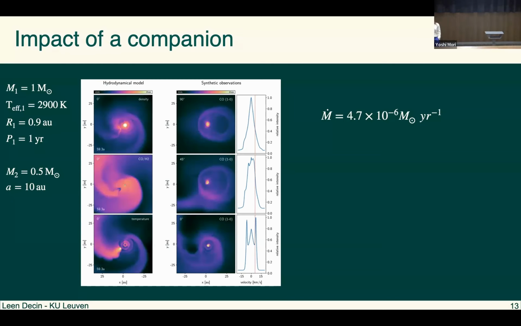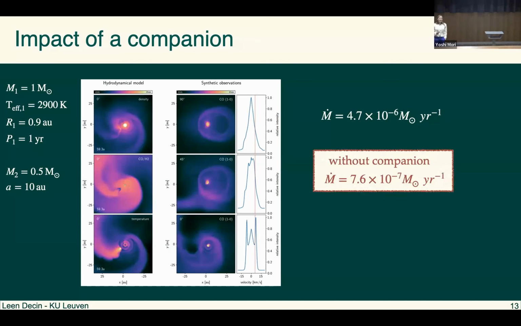Now, we do the same simulation, but without the partner. And then, what kind of mass loss rate do we get? It is lower, in that case by roughly a factor of 6. And as you can see here, the partner is at 10 astronomical units.